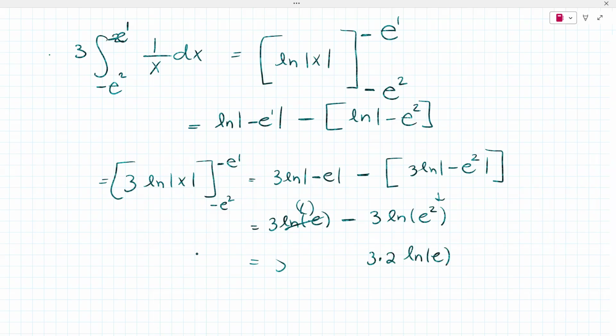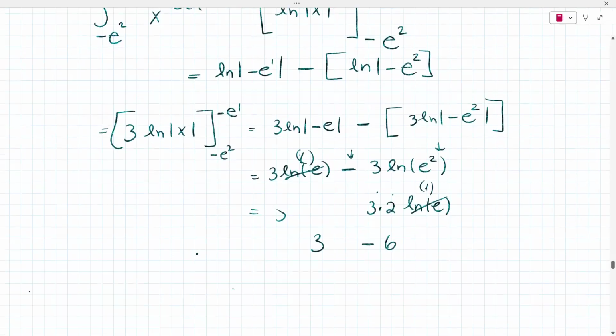Now you can cancel ln e because those are inverses, so it just becomes 1. So you have 1 times 2 times 3, which is 6. And then you have a minus here, so bring down that negative. And then over here, this is 1 times 3, which is 3. And what is 3 minus 6? Yes, you said it, negative 3.